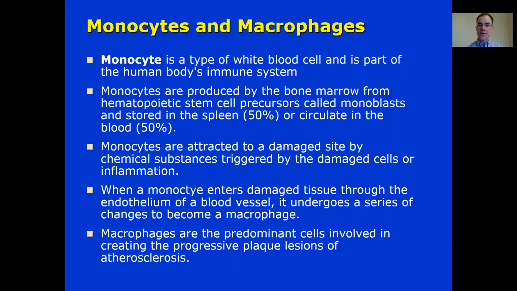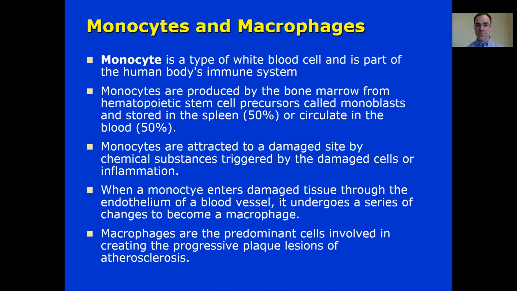The thing is that when you have too many of them, that's when the problems can happen. When the monocyte enters the damaged tissue through the endothelial layer of the blood vessel, it can undergo a series of changes to become a macrophage. Those macrophages are the predominant cells involved in creating the progressive plaque lesion.